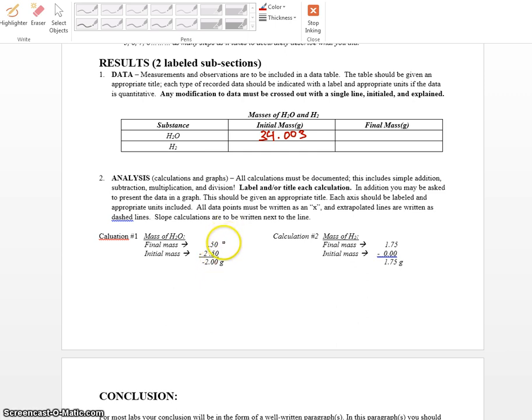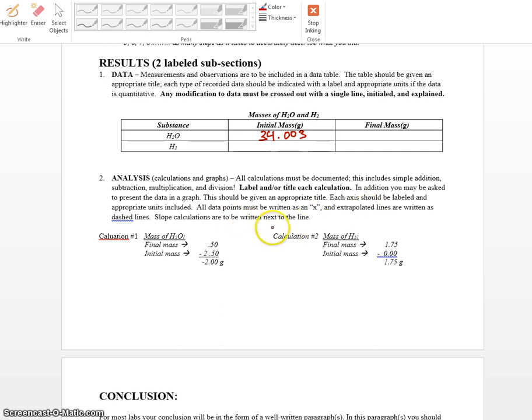Now, a mention about graphs. When you are doing a graph, you are to follow all of the rules that you have learned about graph design and make sure that those are followed. It talks here about how to represent graphs, like we've already talked about. Things like showing extrapolation or interpolation lines as dashes.